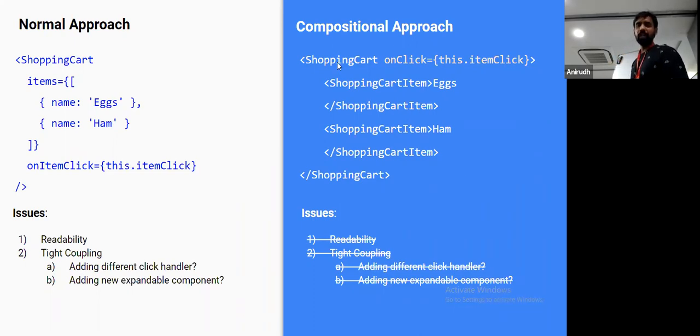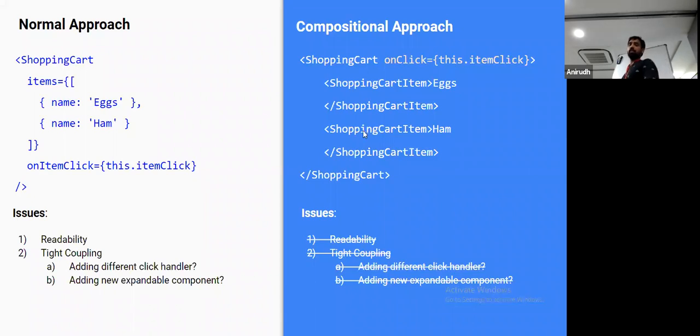Now take a look at the compositional approach which we are doing. So we have the shopping cart element, and inside that we have the shopping cart item elements. So this code, if you see, it's more concise, it's more readable. In case you want to add a handler for a particular shopping cart item, you can just add an on-click handler there for that particular cart item, and it will just work.